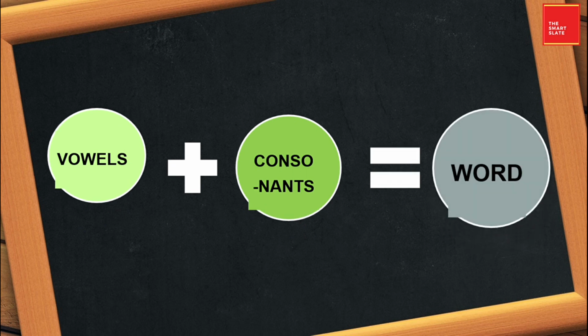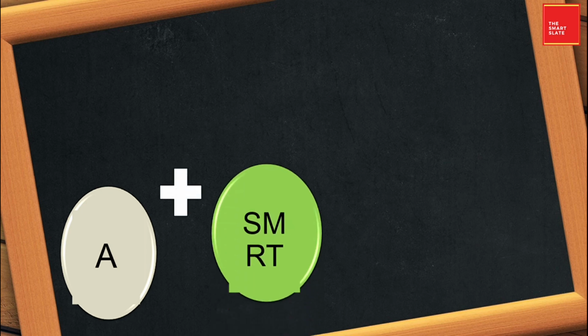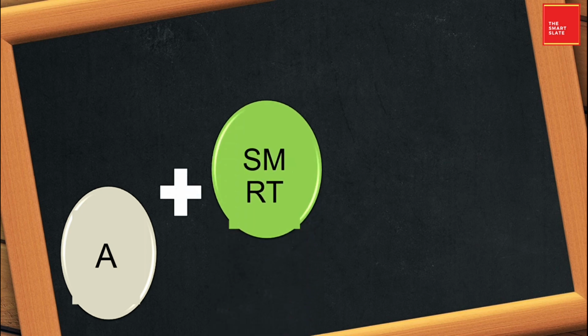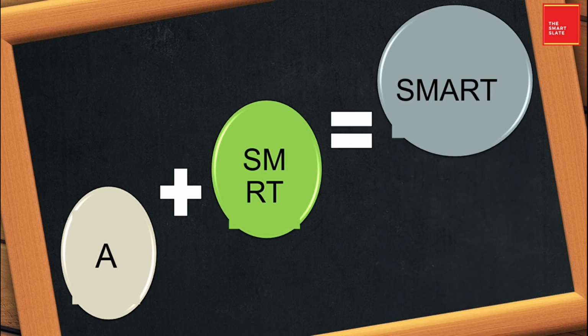For example, if you add the vowel A and the consonant T, it gives you the word at. Now for another example, we have the vowel A, and when you add the consonants S, M, R, T to it, you get the word smart. So it's quite easy to form a word. When you add vowels and consonants, you get a word.